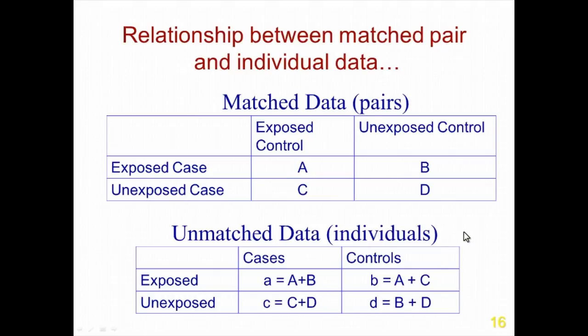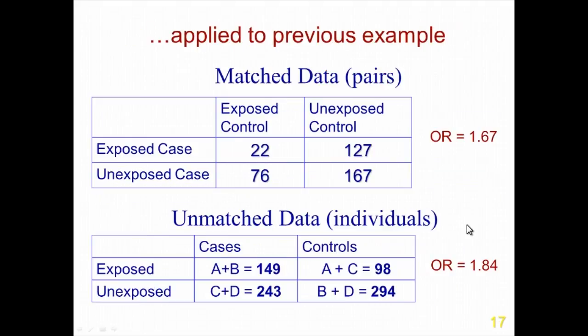You can see how it works out, and you can work out the numbers in the 2x2 table that you're accustomed to, and calculate a separate odds ratio. You can see it's a bit different to the odds ratio from using matched pairs, 1.67 versus 1.84.